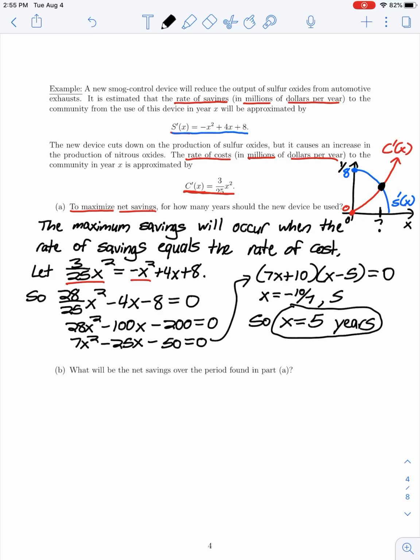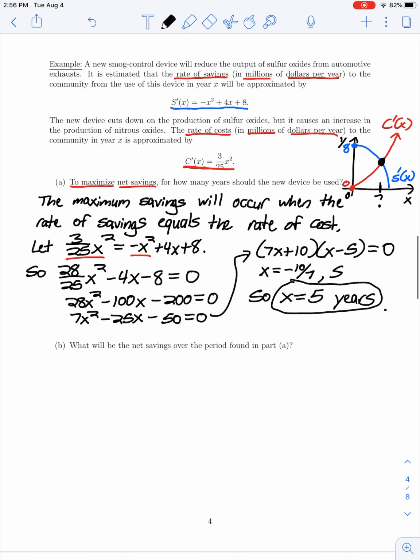So here, in order to maximize the net savings, where the rate of savings is greater than the rate of costs, we would look at a timeline of 5 years. Now in part B, we're asked what will the net savings be for the period found in part A. So what are the actual net savings? So here I'll mention the actual savings.